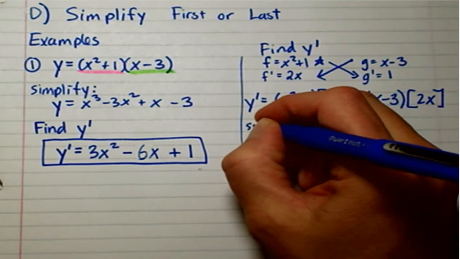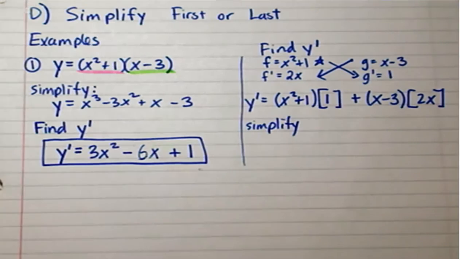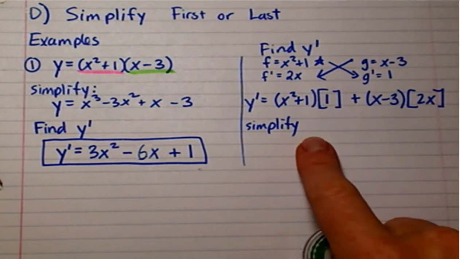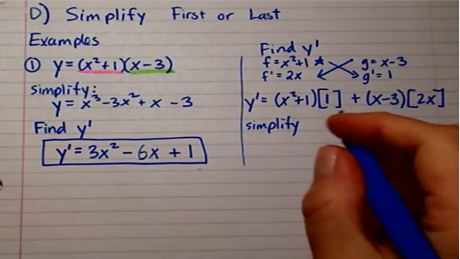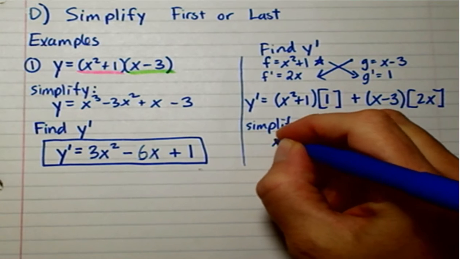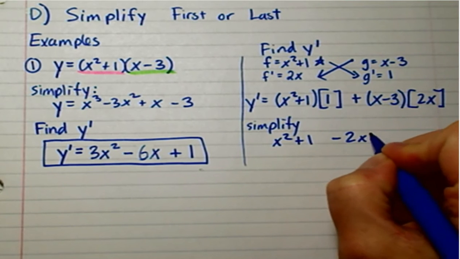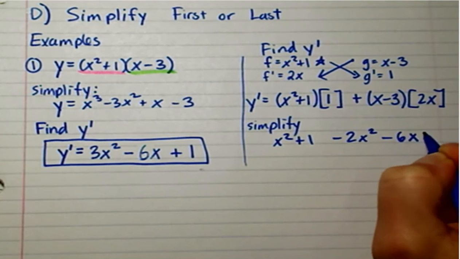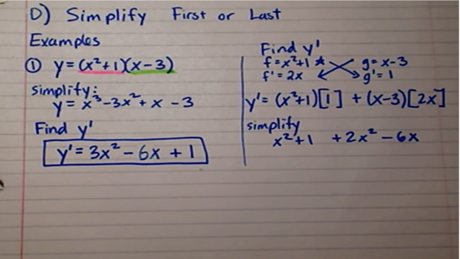And then simplify. Okay, so first I found the derivative. Second, I am simplifying. Okay, so simplify means PEMDAS. Parentheses, exponents, multiply, divide, add, subtract. X squared plus 1 minus 2x squared minus 6x plus... Okay.